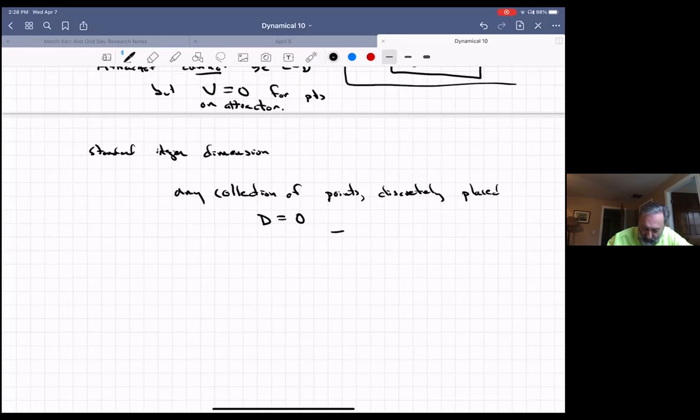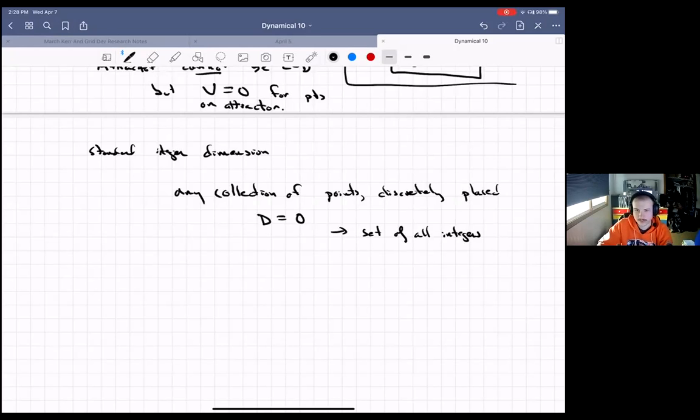So, for instance, the set of all integers. There's an infinite number of them. But if you ask how much room do they take up on the number line, the answer is zero. They don't take up any room on the number line. Good? Yeah, that makes sense. Okay.